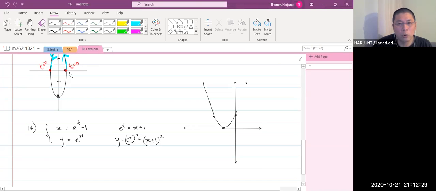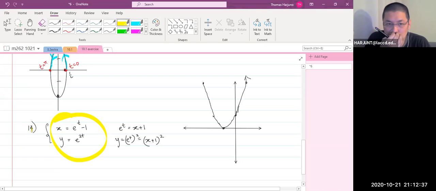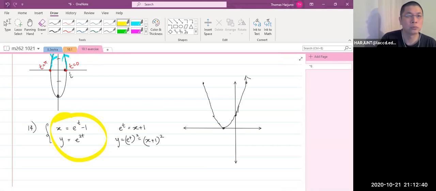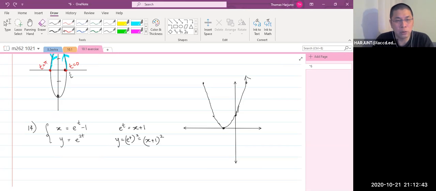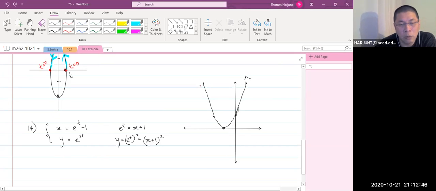But always check with your original situation. Always check with your original parametric equation. Notice that when t equals 0, x is 0, y is 1. This is when t equals 0 here. Okay? When t equals 1, then somewhere here. Now, but notice that when t goes to negative infinity, it will never reach x equals -1.